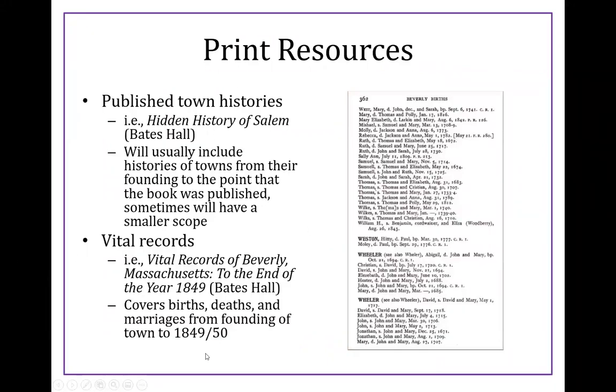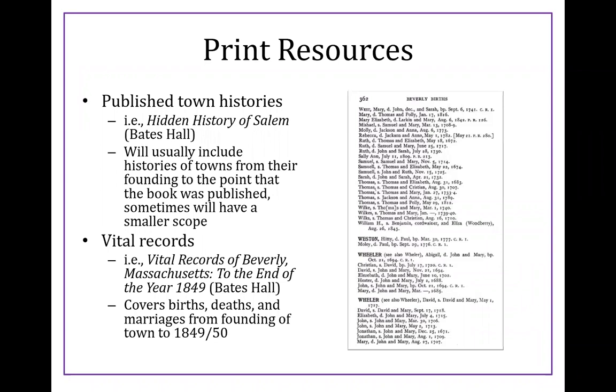Okay, and these two I've included together because they're basically going to be right next to each other. We have published town histories and vital records. The town histories are exactly what they sound like: histories of a town. We also have a few sets that are histories of counties. These can be useful if you're looking for someone who was an early settler or founder of a place, or someone important in a place.